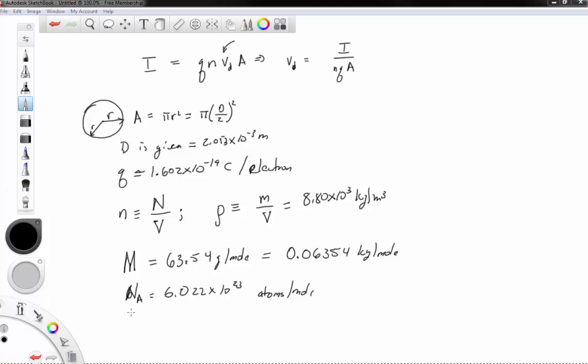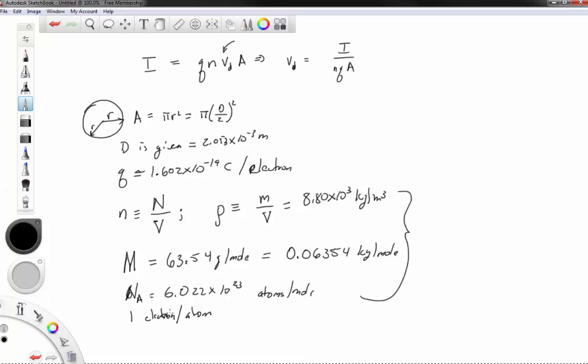And of course, last but not least, we have 1 electron per atom. So if we combine these numbers, really if we combine these 4 numbers, we get the number of electrons per unit volume.